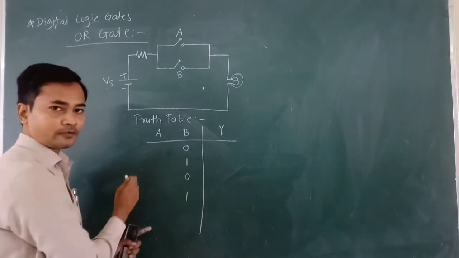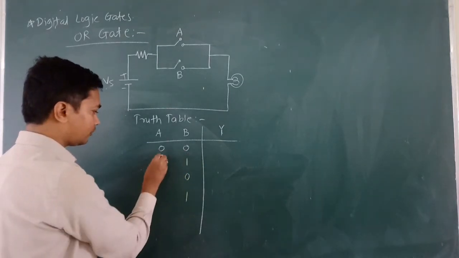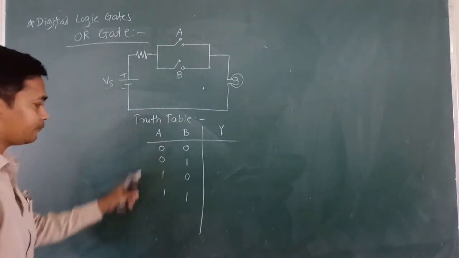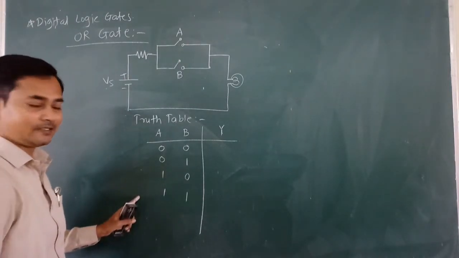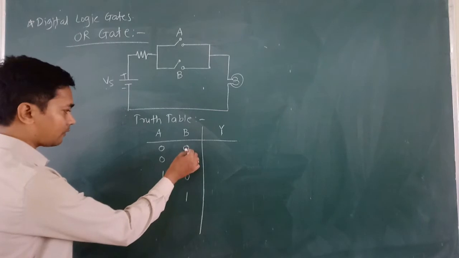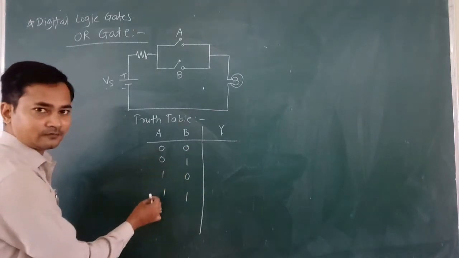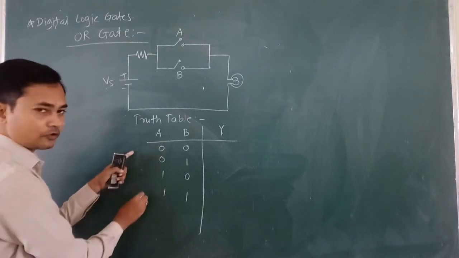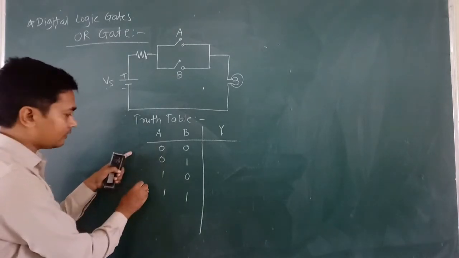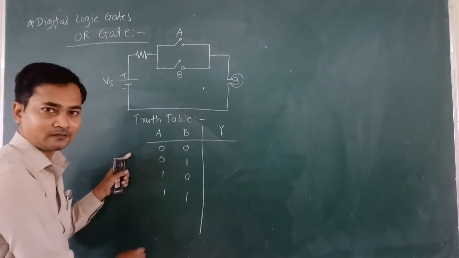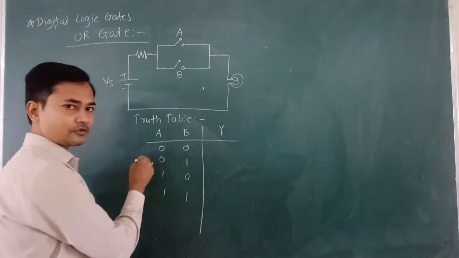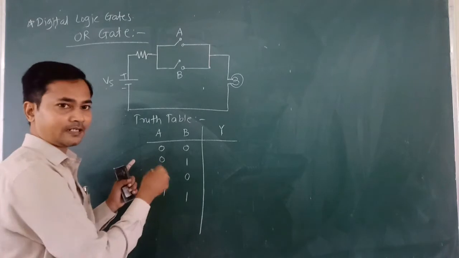Now double the zeros and ones: 0, 0, 1, 1. If there were a third input, the number of zeros and ones keeps doubling: 4 times 0, 4 times 1. Likewise you can go on doubling the number of zeros and ones.